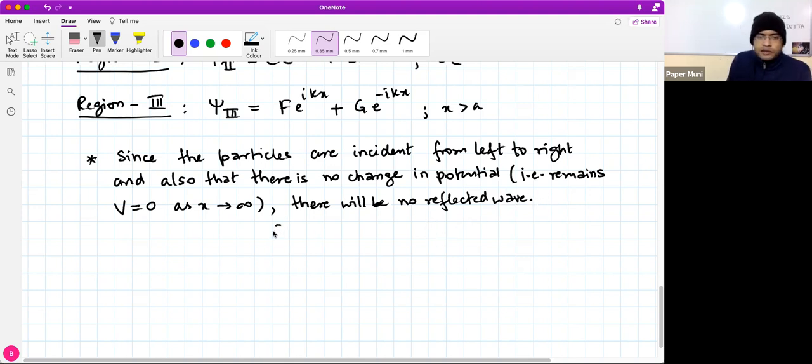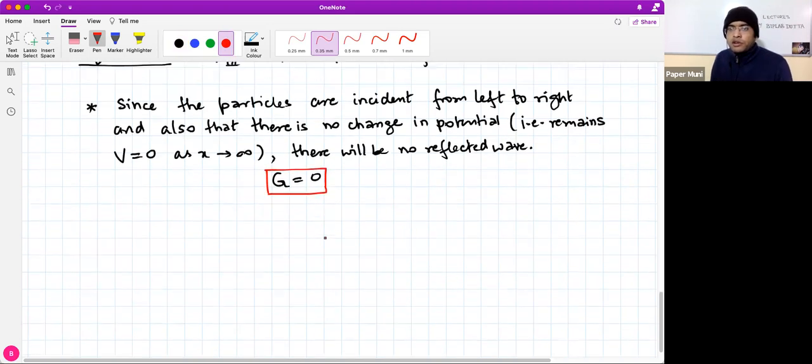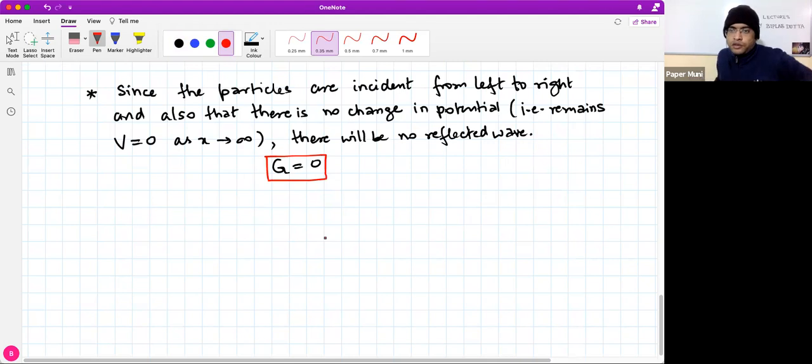So this implies that g is equal to 0. I have written down the argument which I gave you. It's the same argument as earlier, but it's counterintuitive because the potential is going down instead of going up. But the wave behavior of waves is this.